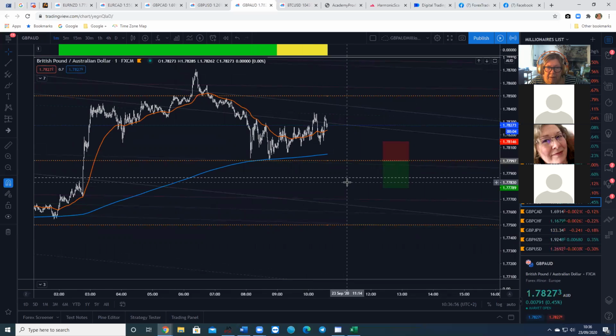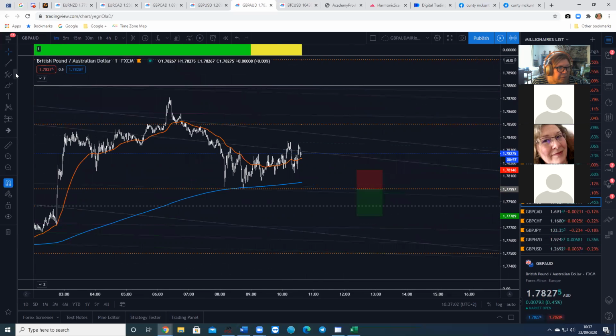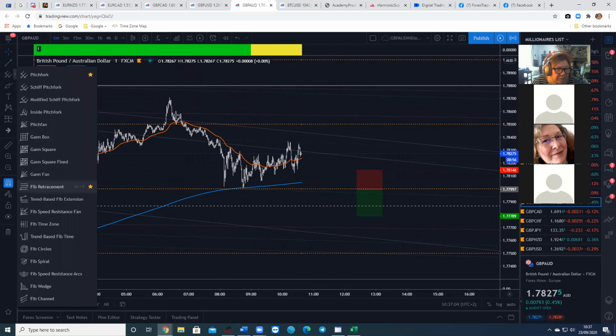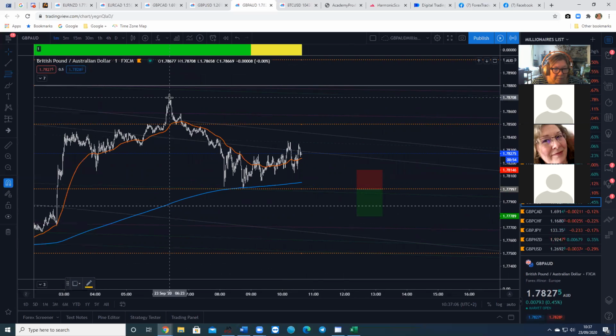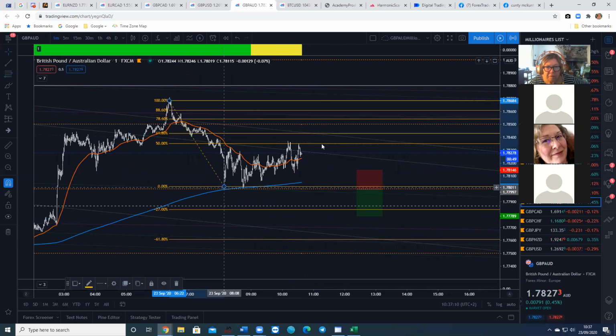I think we'll leave that one at the moment. I'll just see what that fib says, but I'm sure it's only about 50%. Yeah, just on the 50. So we'll leave that markup, see what it does. So that's GA.